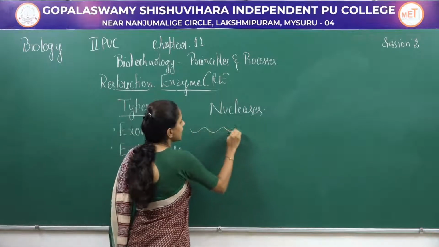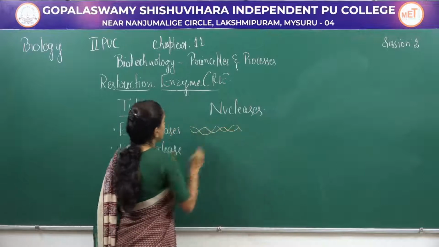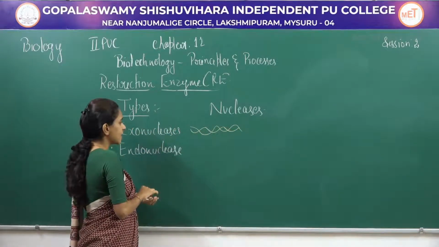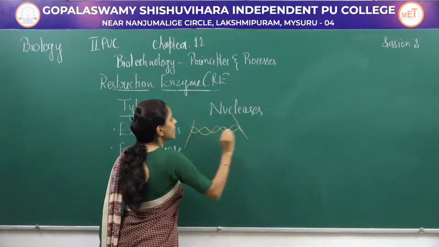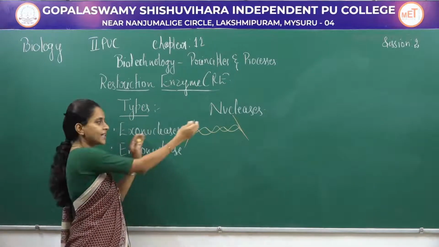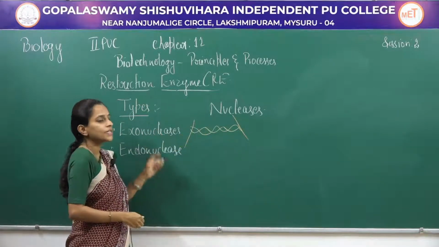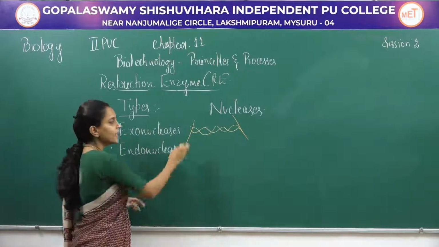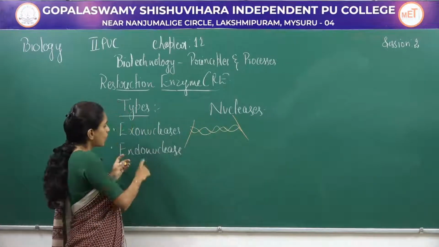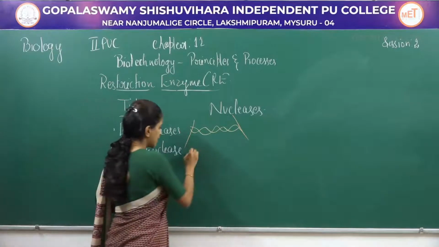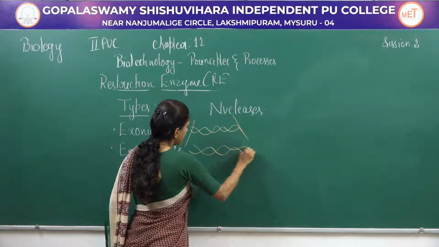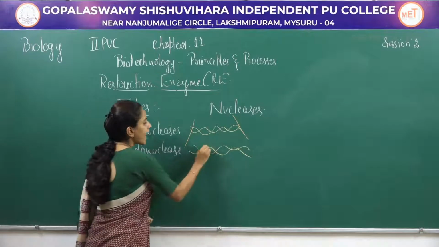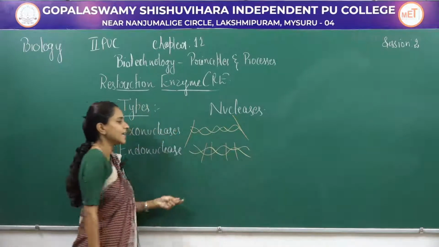If this is the DNA, exonuclease enzymes act on the ends of the DNA. At the DNA ends these exonucleases will be acting, which helps in cutting the ends of the DNA. Whereas endonucleases, if this is the DNA, act within the DNA sequence.